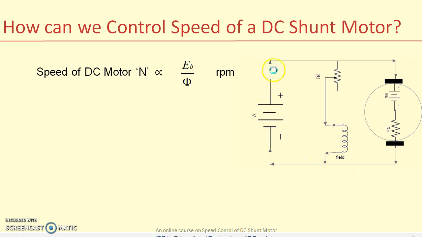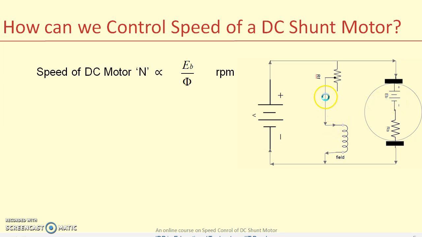In this circuit, take this loop and apply Kirchhoff's voltage law. This is potential rise V and these two are potential drops. So sum of potential rise is equal to sum of potential drop in case of KVL. That is V is equal to EB plus IA into RA. This is about the armature circuit.